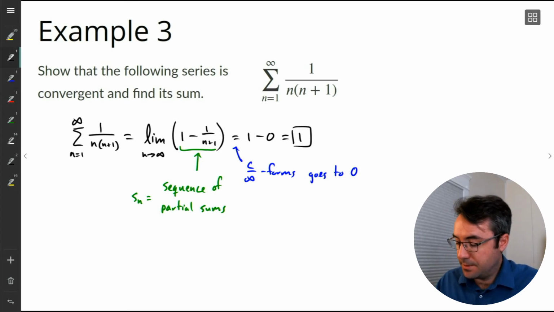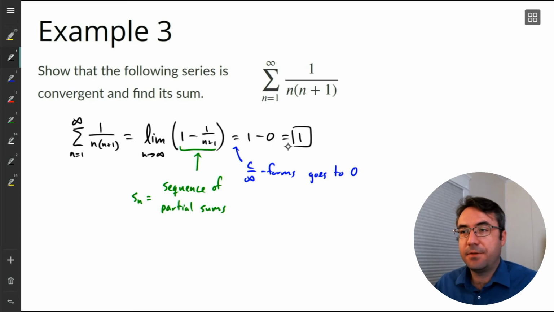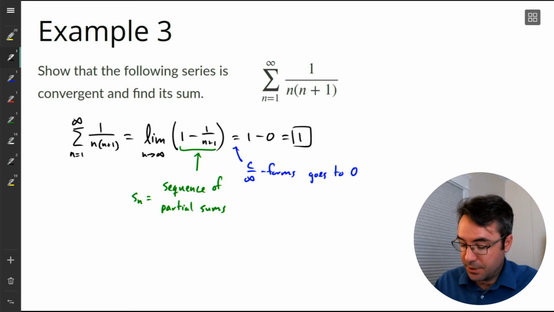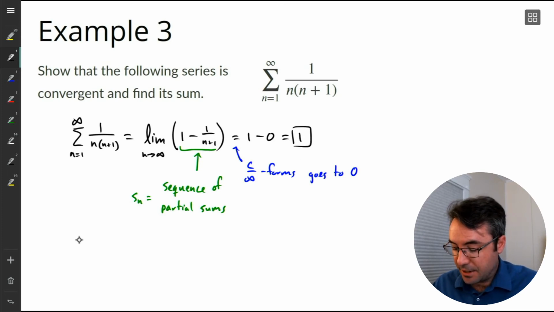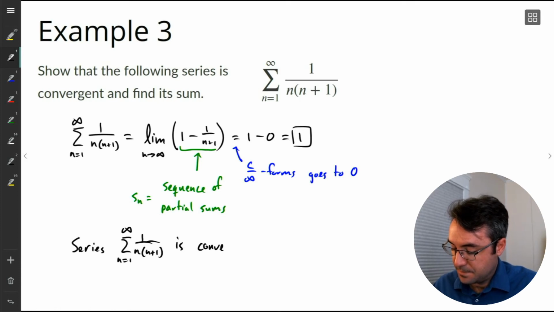All right, so we've actually calculated the limit of our sequence of partial sums. We actually get a number, so what this says is that our series, sigma from n equals 1 to infinity, is convergent, and the sum is equal to 1.